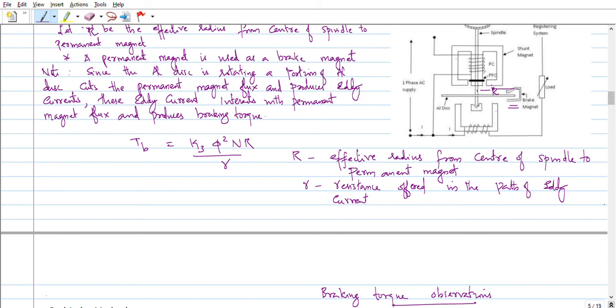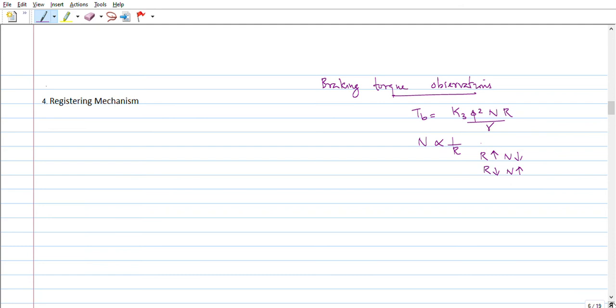Therefore, what is the conclusion? By adjusting, the first observation, because N is proportional to 1 by r. By adjusting the radius, or what can we say?